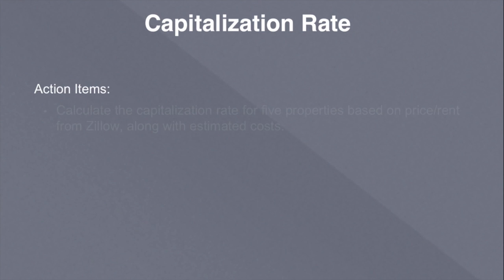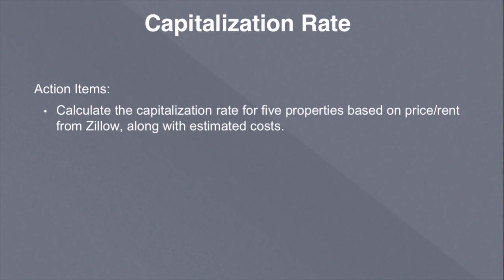So cap rate, your action items: calculate the cap rate for 5 properties based on the price and rent from Zillow along with the estimated cost. Again, when these are single-family homes, this gets pretty darn easy. Now, one of the things that I do on my website is we have all of this calculated for our investors.